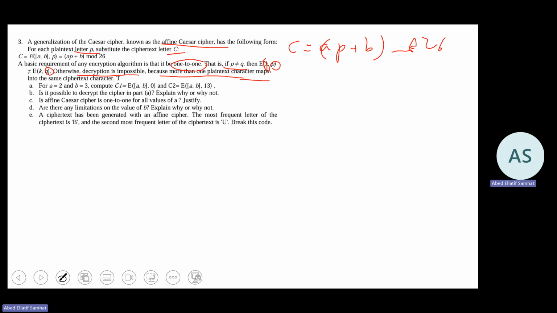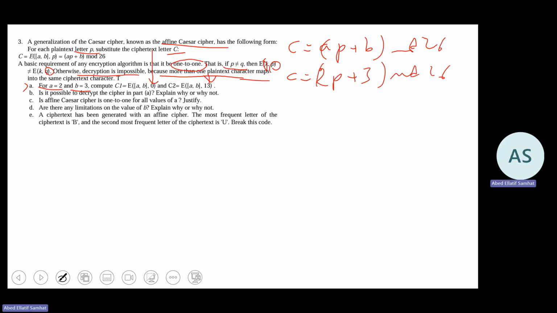Okay, so we start here with A equal 2 and B equal 3, and we want to find the ciphertext of 0 and the ciphertext of 13. So let's start with 0. As we said, A equal 2, B equal 3, so the ciphertext is equal to 2 times the plain text plus 3 mod 26.